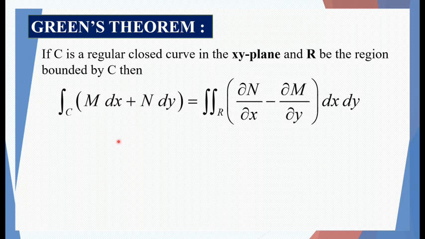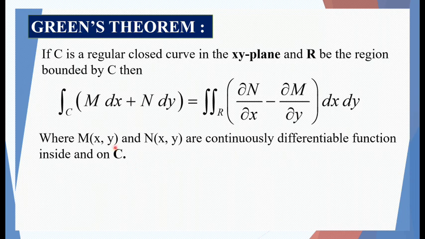So we can say this is just like the line integral is converted into the double integral. So this is the relation between the line integral and the double integral, where capital M(x, y) and capital N(x, y) are continuously differentiable functions inside and on the curve C.